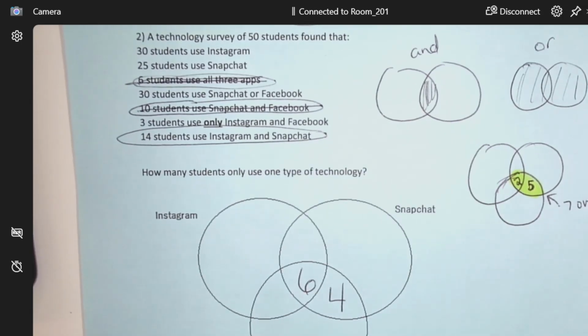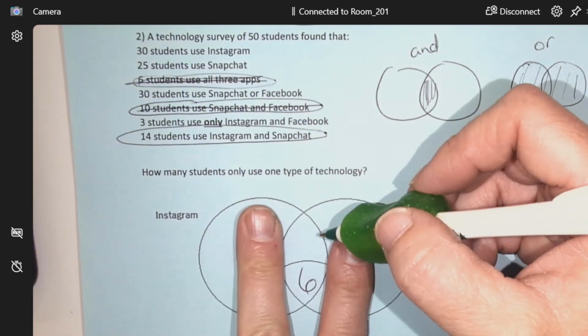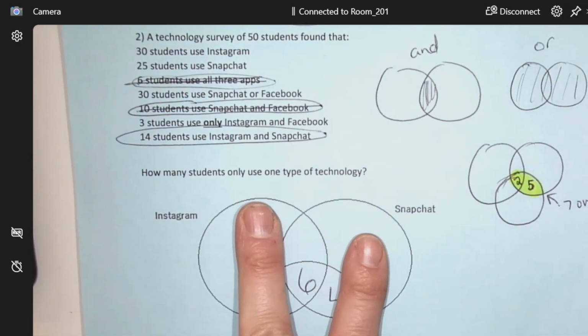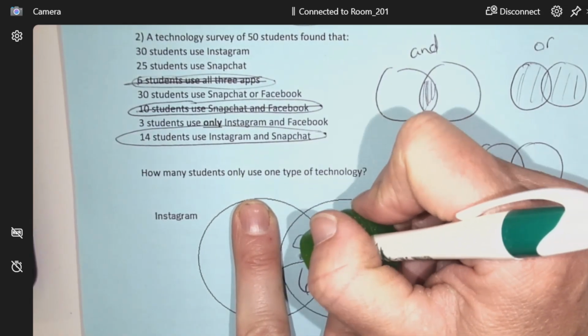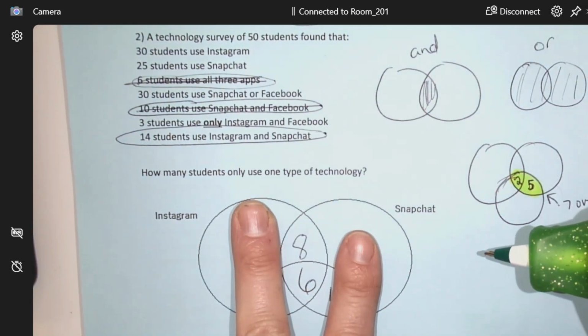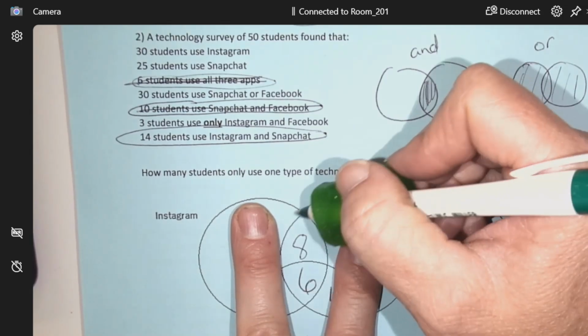Okay, the bottom one, 14 students use Instagram and Snap. So Instagram and Snap would be this little football. So I have 6 there, so I need 8. Because in that football shape, I need 14.